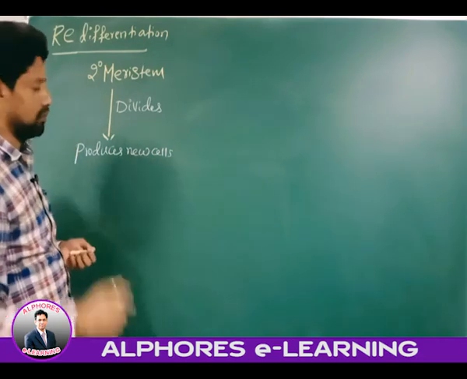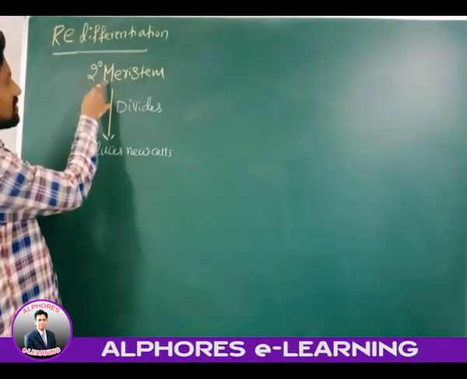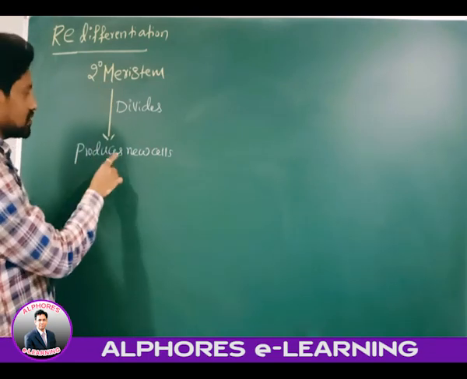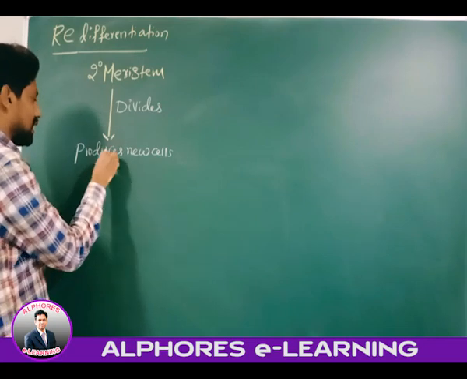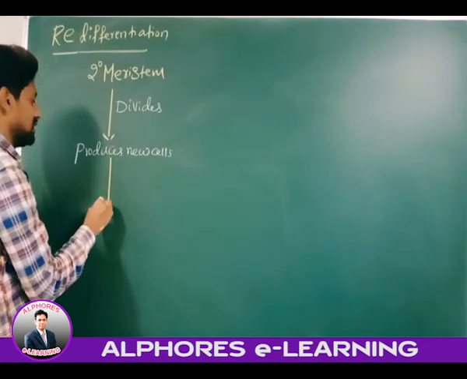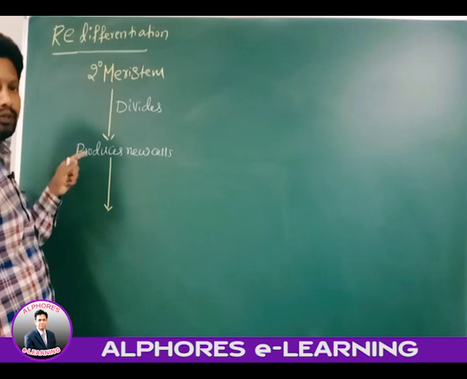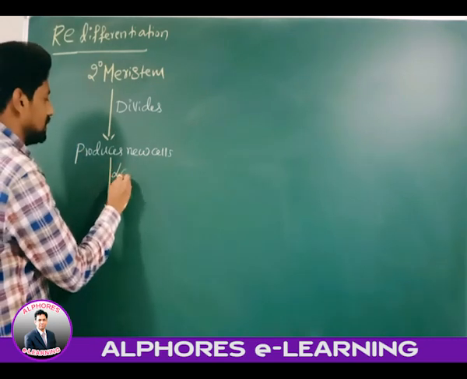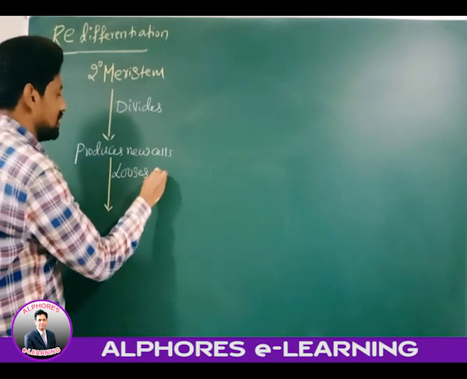Now listen to this statement. Sir, when secondary meristem divides, it has produced new cells. These newly produced cells lose dividing ability. They are losing which ability? Dividing ability.